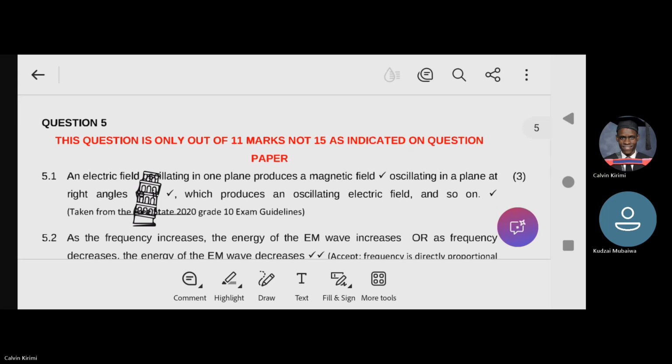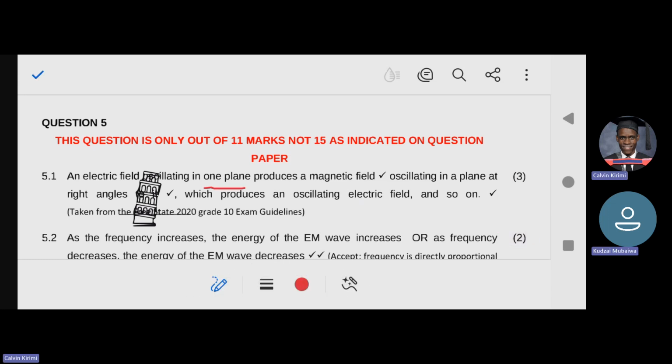They are saying an electric field oscillating in one plane produces a magnetic field. So in a plane, something flat, we have an electric field oscillating in one plane, which produces a magnetic field.